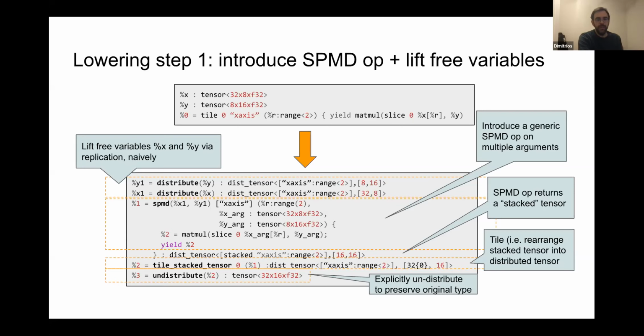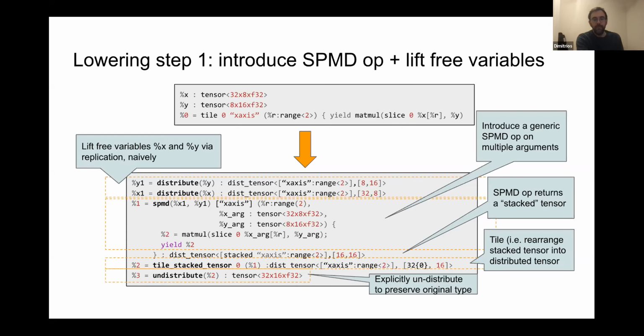And the second thing we do is we lift x and y like this, and then we lower the tile op to an explicit SPMD op that accepts these distributed tensors, y1 and x1, and a closure which accepts the local chunk sizes of these, which we call xarg and yarg. Inside, the body hasn't changed really, so we still do a matmul of the slice of x, etc. Then we give it a stacked distributed type that says I'm just going to give you chunks of size 16 by 16.